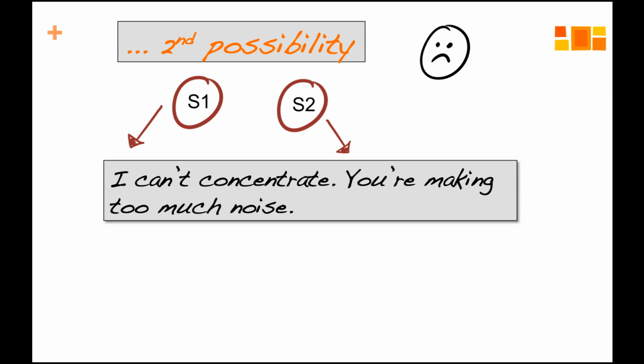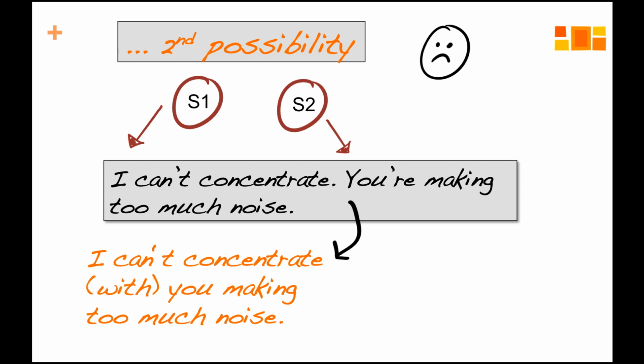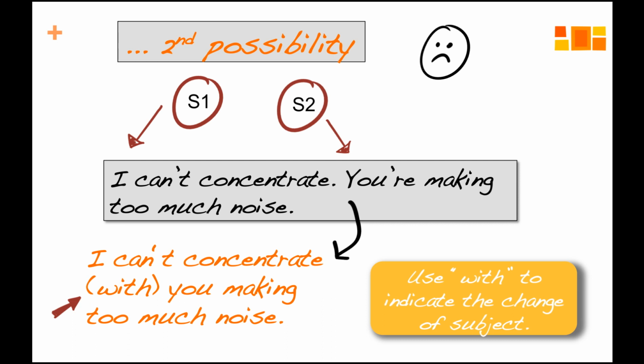What you can do is this. I can't concentrate with you making too much noise. That's an important little word that we have here, the with, because the with actually indicates the change of subject. You take that first sentence, I can't concentrate, put down the with, which means, hey, be careful, there's going to be a change of subject.